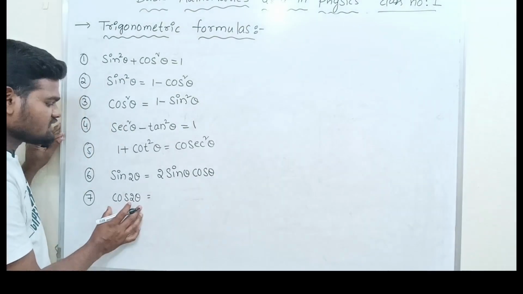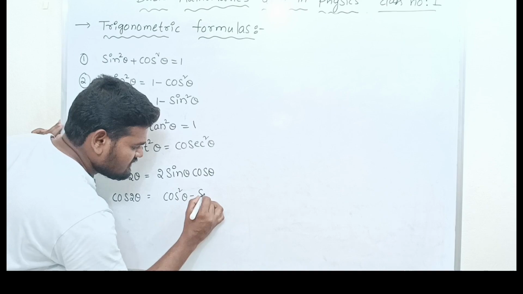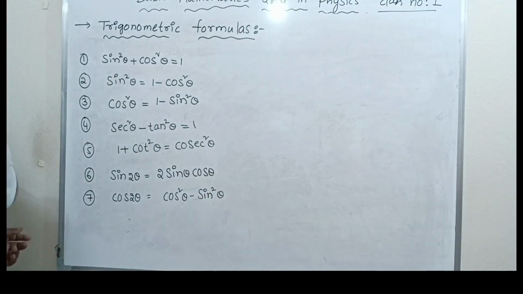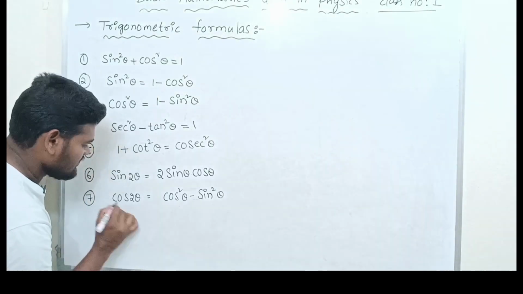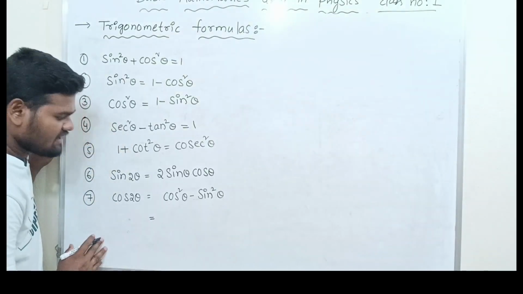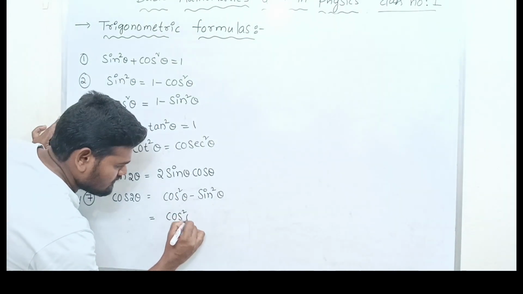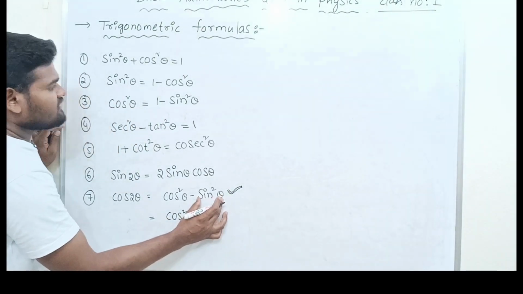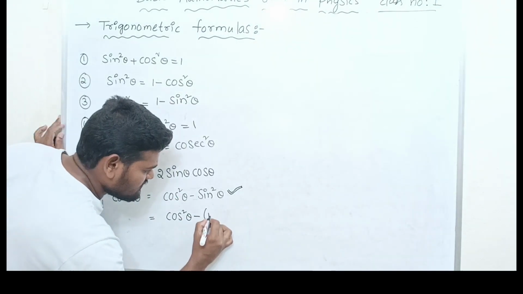The formula for cos 2 theta is cos square theta minus sin square theta. This formula can also be written as cos square theta minus sin square theta, where sin square theta is nothing but 1 minus cos square theta.